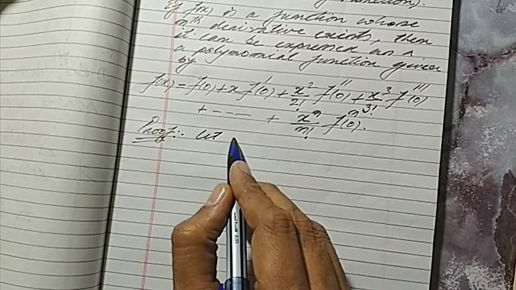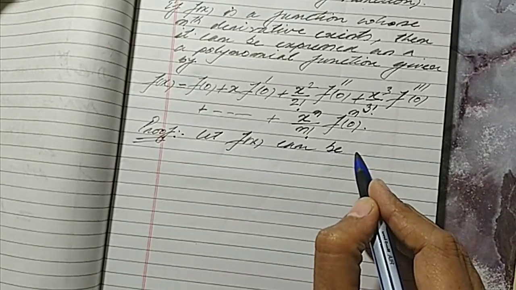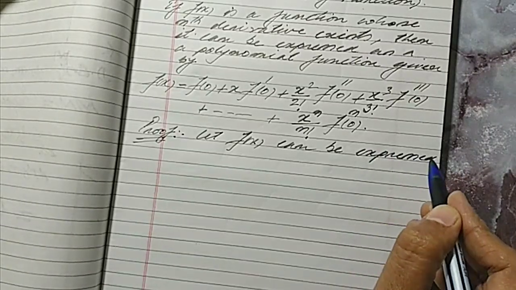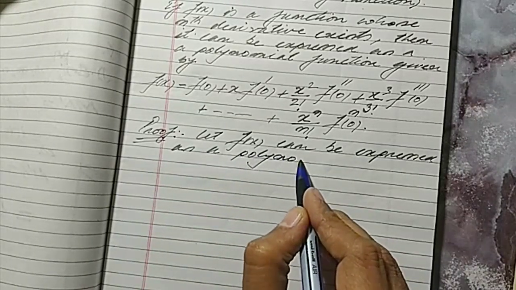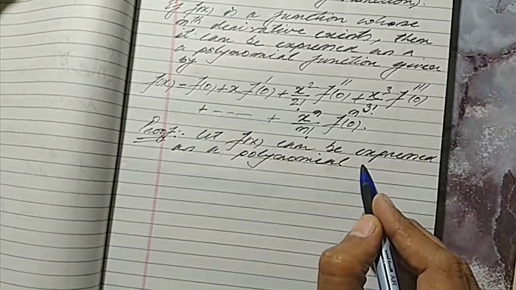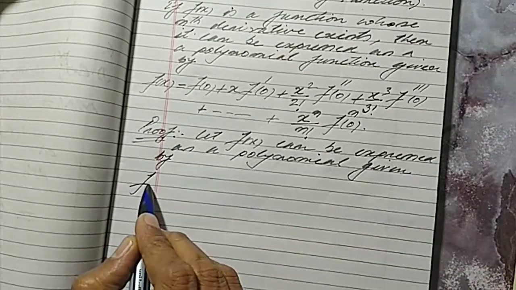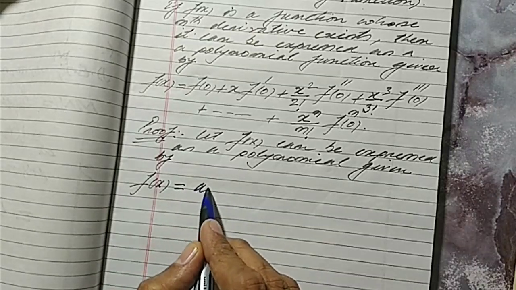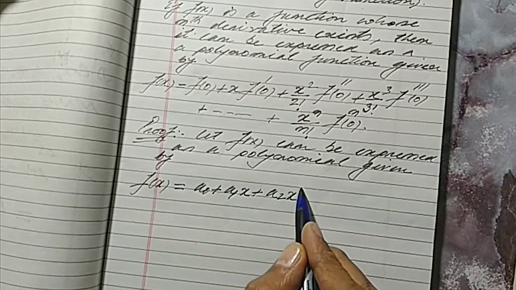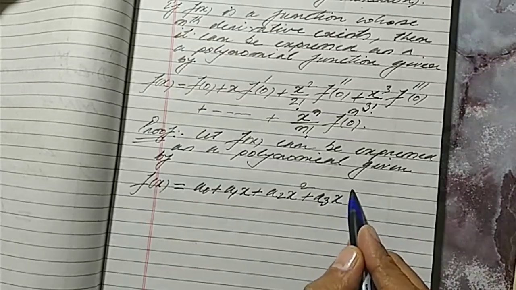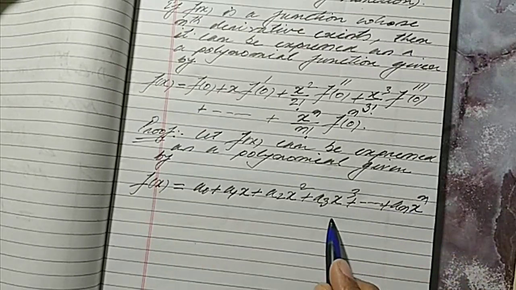First we let that f(x) can be expressed as a polynomial given by f(x) = a0 + a1x + a2x^2 + a3x^3 + and so on to an x^n.